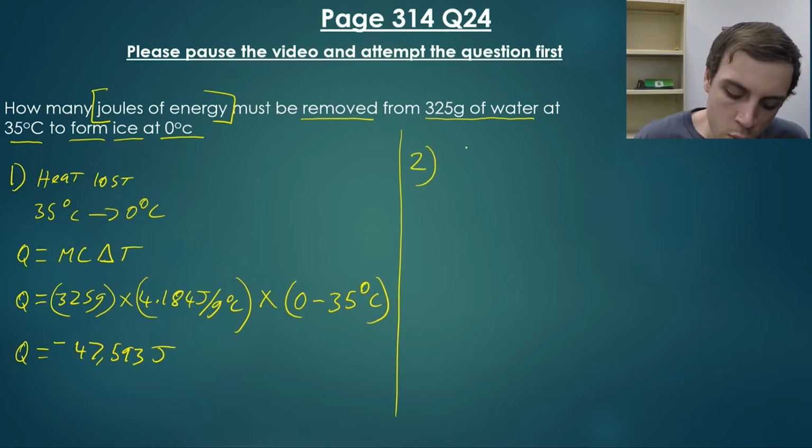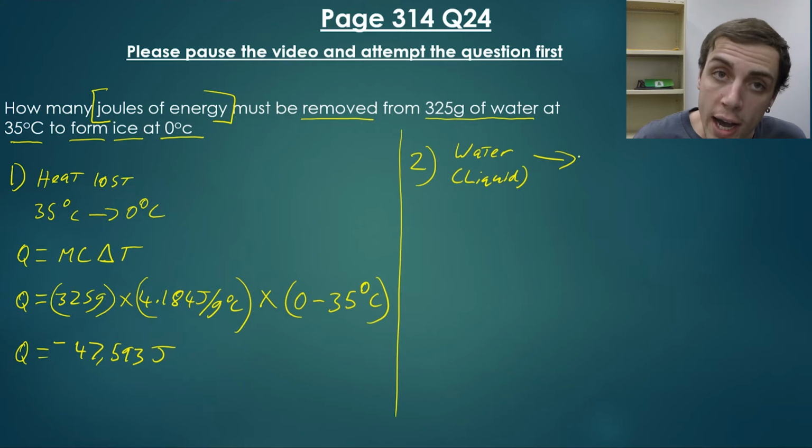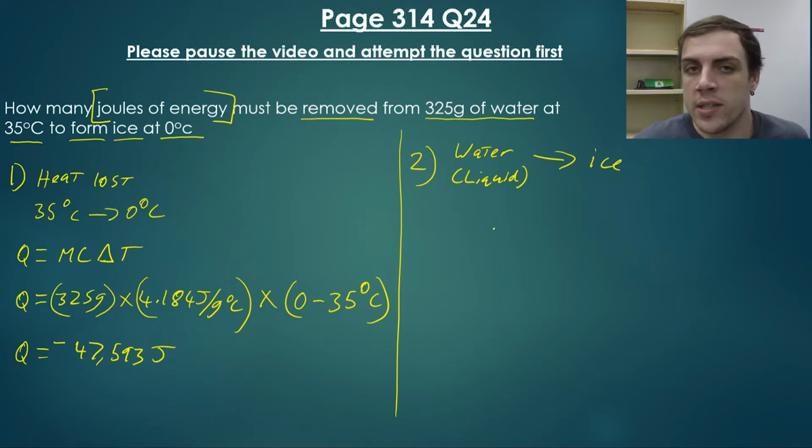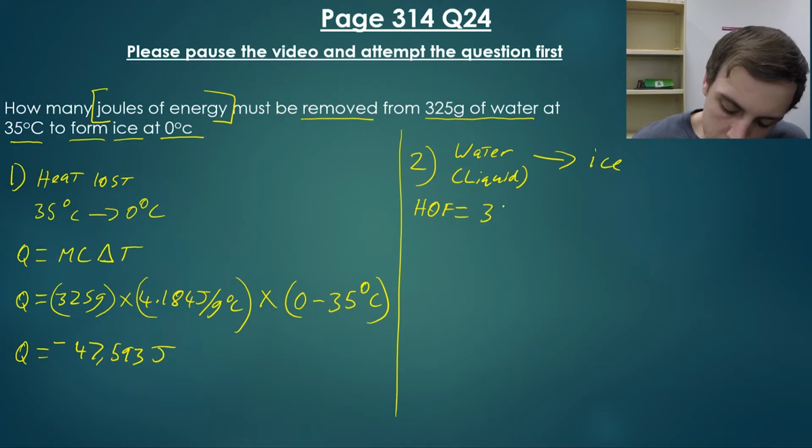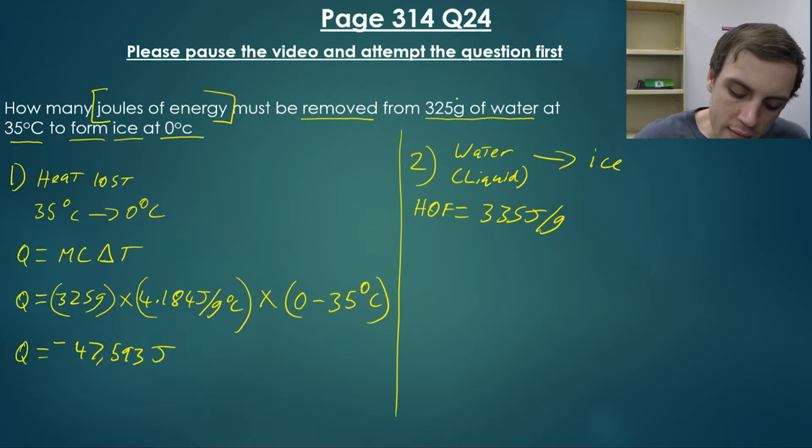it went from water to ice. Now, remembering that when we're going from ice to water or water to ice, this is the heat of fusion, and the heat of fusion is equal to 335 joules per gram. So we have 325 grams of water.